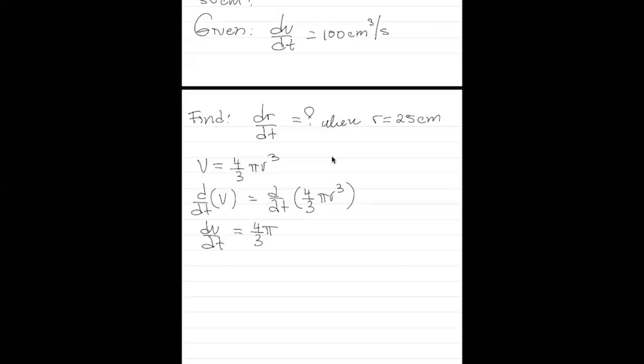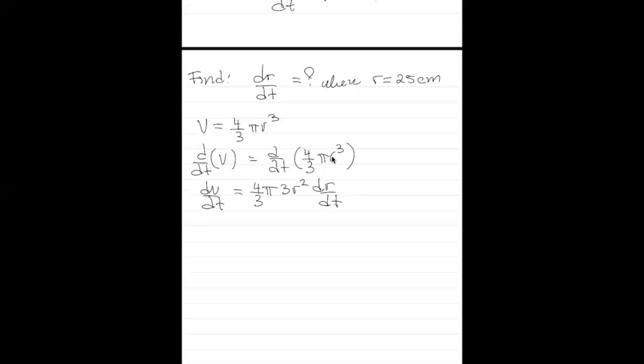So we're going to have 3r squared dr/dt, because r is a function of t. So now let's look at the question. What we have to find is dr/dt. We need to solve for dr/dt. So first, let's see what cancels here. The 3, let's rewrite this nicer. dV/dt is equal to 4 pi r squared dr/dt.